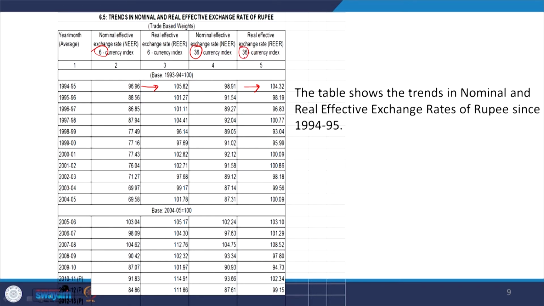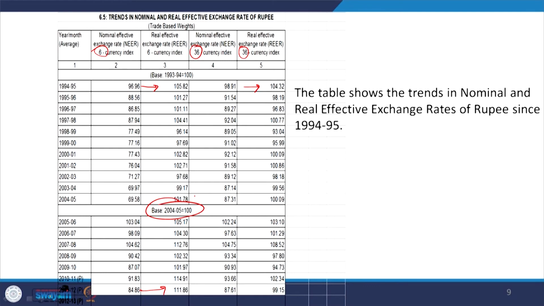As per the latest data of the Government of India, the base period has been changed to 2004-05 prices, because since we are adjusting with prices, the inflation aspect has been neutralized in PPP terms. So both prices have to be taken as a ratio. This table clarifies the nominal and real effective exchange rate of the rupee since 1994-95. Other details you can follow from the RBI site.